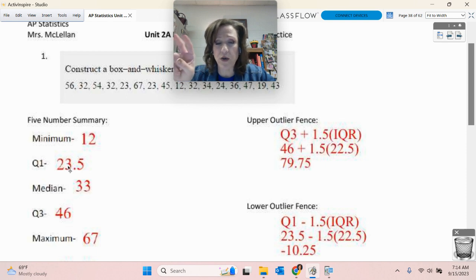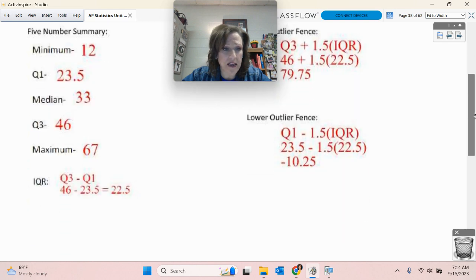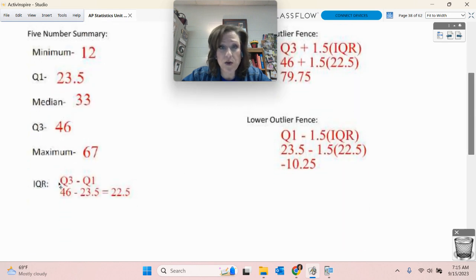Now, if you happen to have two values, so you had an even number here, and when you knock them off, you end up in the complete center, you would average those two values together, and that would give you the quartile Q1, 46, or sometimes you have to average with that. After you do that, you're getting your IQR, which is the Q3 minus Q1.